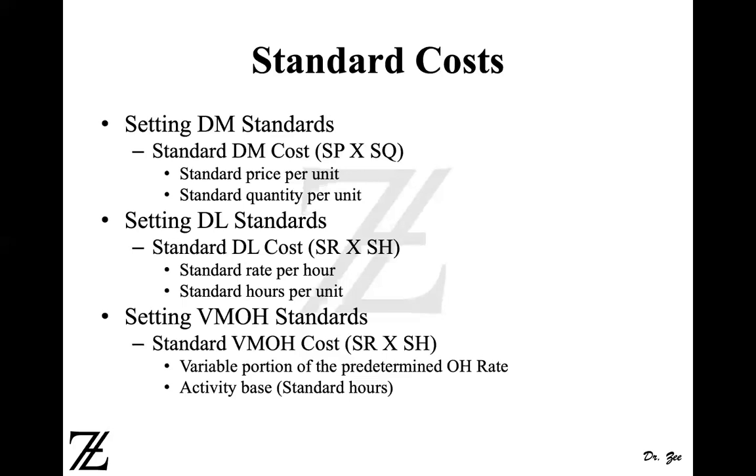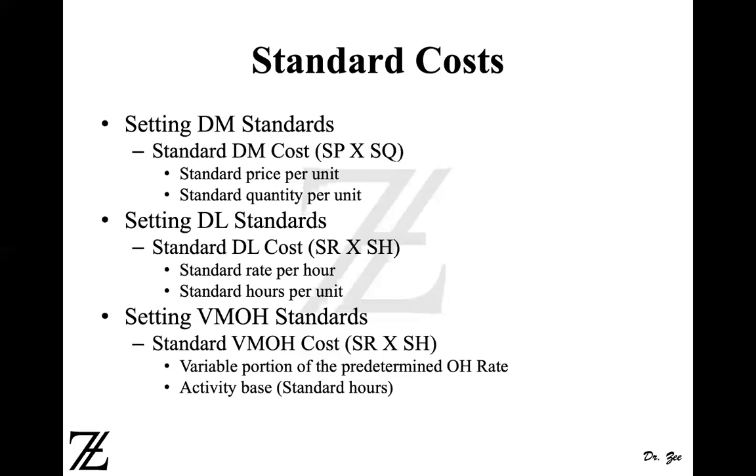If you remember those formulas from my previous videos, you calculate the predetermined overhead rate by dividing the budgeted overhead by the budgeted activity base or cost driver. This will give you the predetermined overhead rate. That overhead rate, you can use here as a standard rate. And then you multiply with the standard hours. And standard hours is basically how long it would take them to make one unit if you are using the same labor hours.